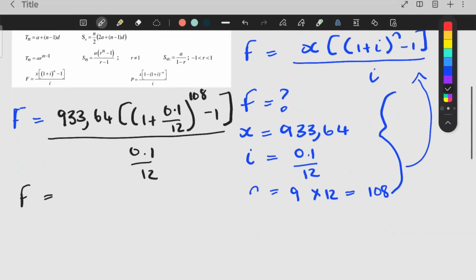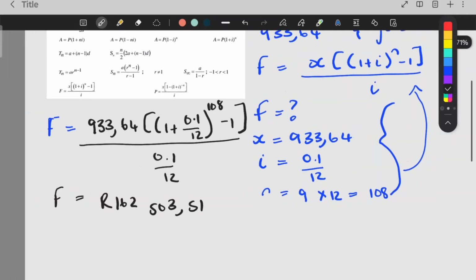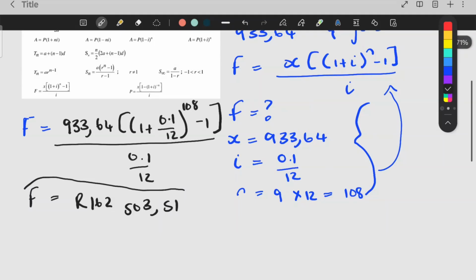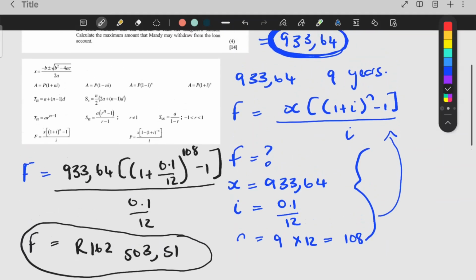If you put this all in your calculator, you are going to get 162,503,51. So this is the amount she has in the account if she regards that difference as an investment. And that is the maximum amount she can withdraw after 9 years.